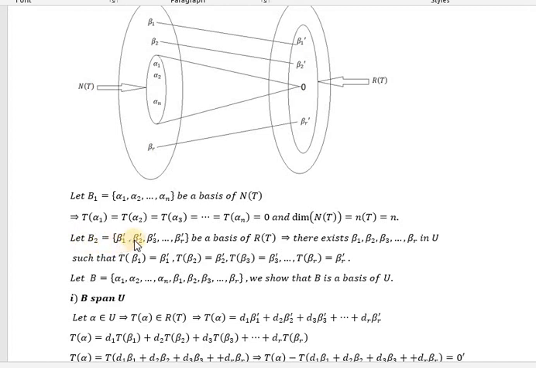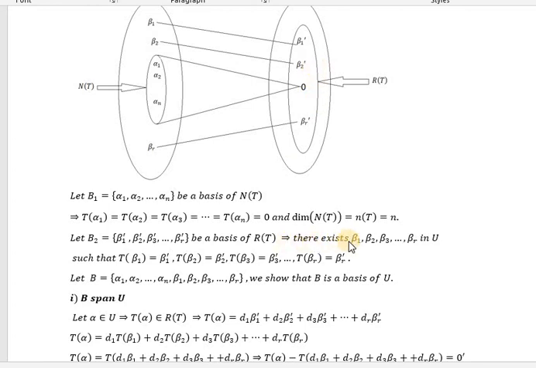Let B2 be another basis having the vectors beta 1 dash, beta 2 dash, beta 3 dash, so on beta r dash, a basis of R of T. See that we have represented here. So this is R of T and basis B2 containing beta 1 dash, beta 2 dash, so on beta r dash.